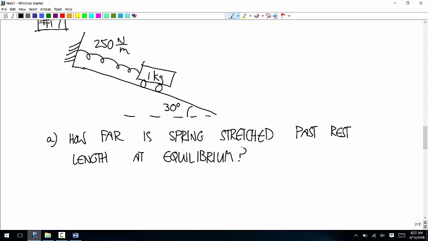The wording gets a little confusing here because rest sort of means two different things. We talk about the resting length of the spring, which is the length of the spring when it's sitting there, and then we're talking about the length of the spring when this system is at rest.